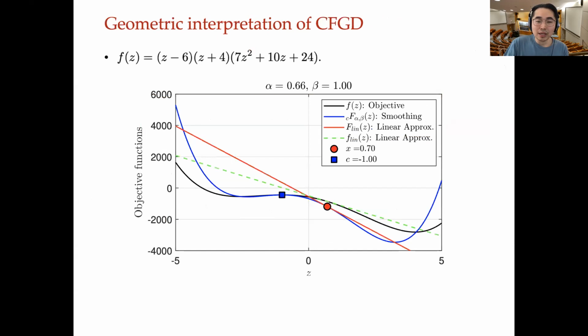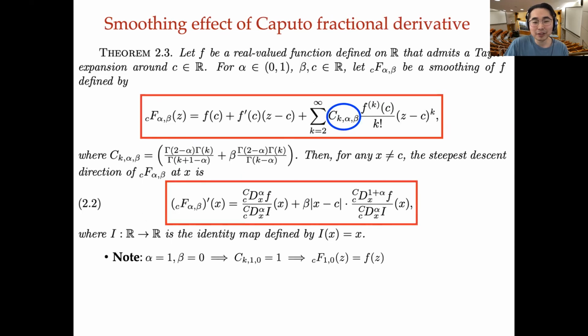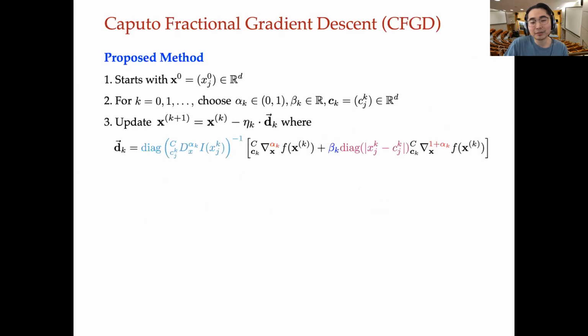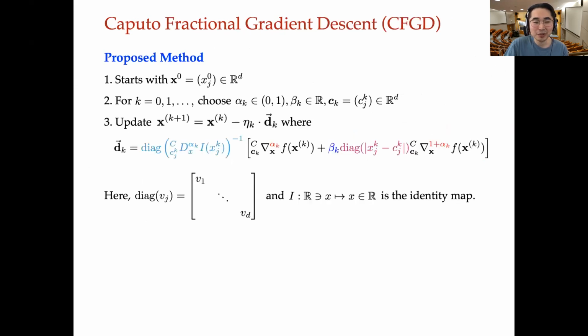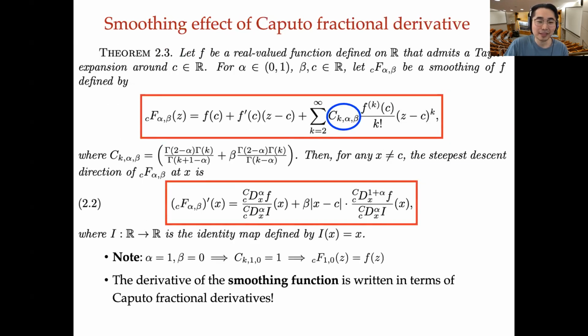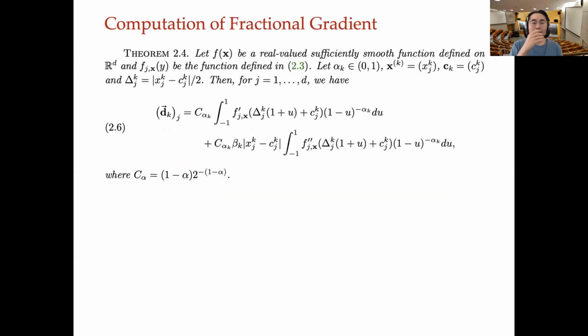So, okay. One of the questions for the fractional Caputo derivative, when I first encountered this equation, my first question was, besides whether it works or not, how do we compute the Caputo fractional derivative? So here is the answer. We figured out an explicit formula for how we compute the Caputo fractional derivative.